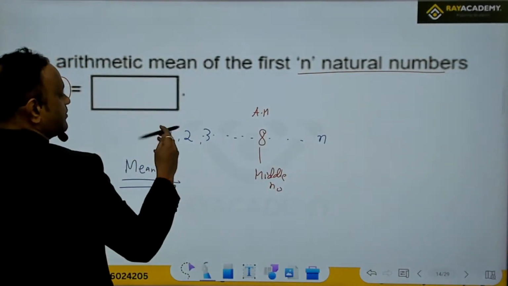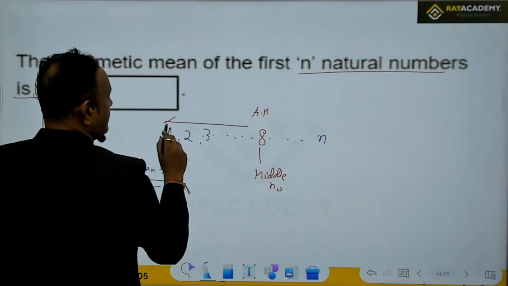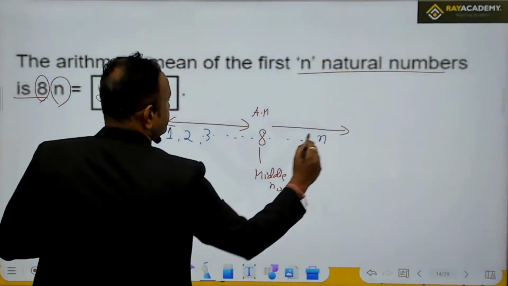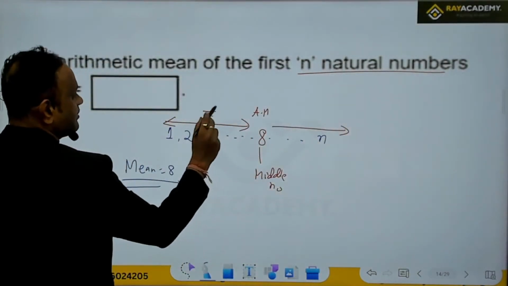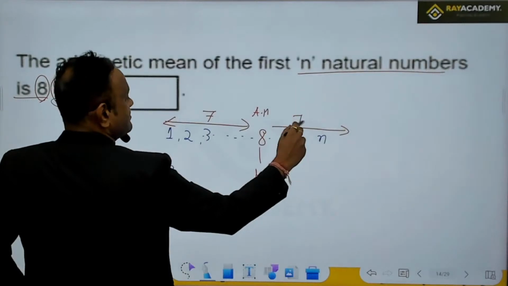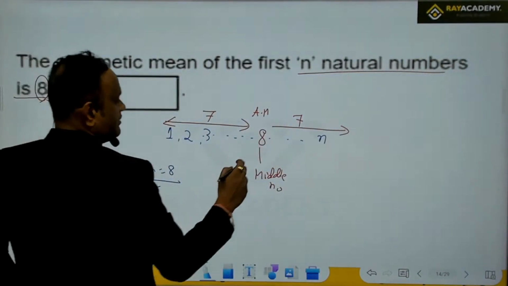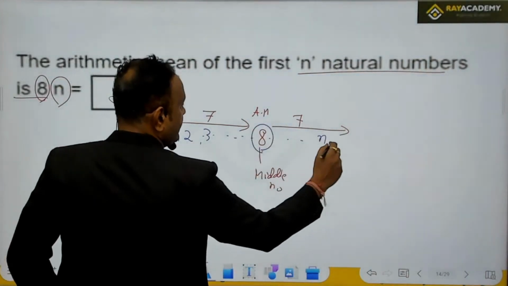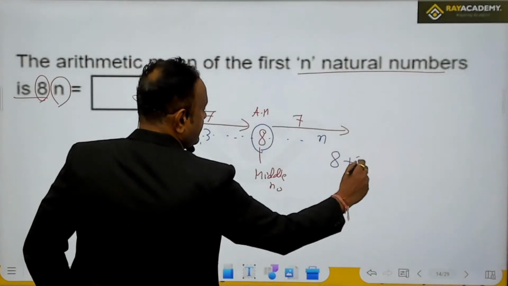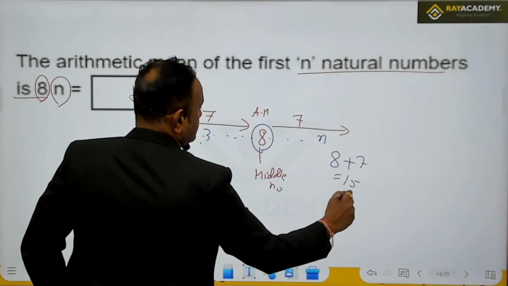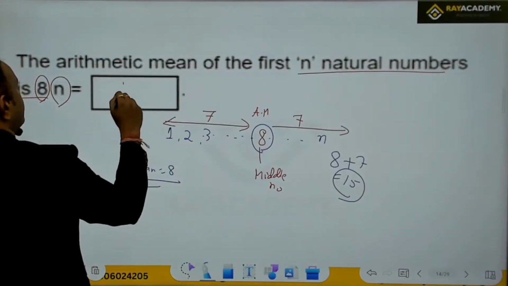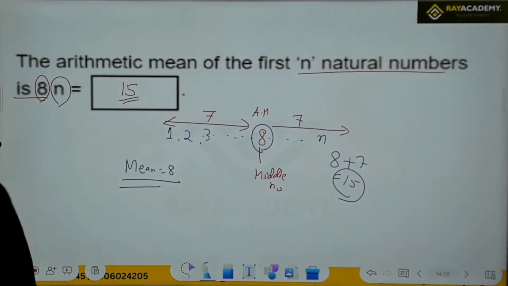That means there will be as many numbers before 8 as after 8. Before 8 there are 7 numbers, so after 8 there will also be 7 numbers. Total n will be 8 plus 7, that is 15. So the right answer for this question will be 15.